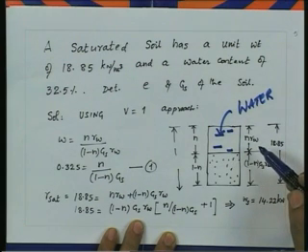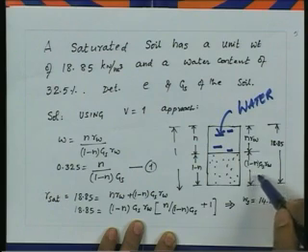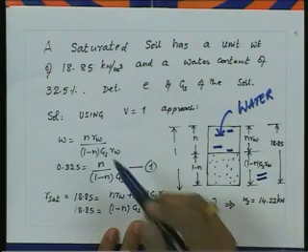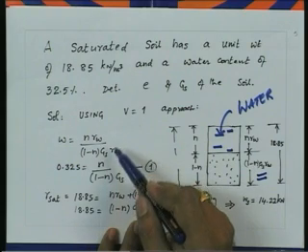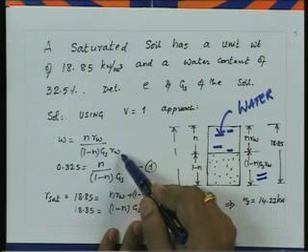From the definition, water content is equal to the weight of water to the weight of solids. So, the weight of water is n gamma w, and the weight of solids is (1 minus n) Gs gamma w. By using this we can write w is equal to n gamma w divided by (1 minus n) Gs gamma w.